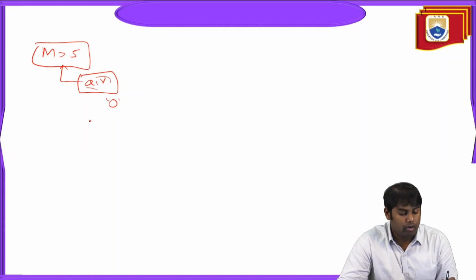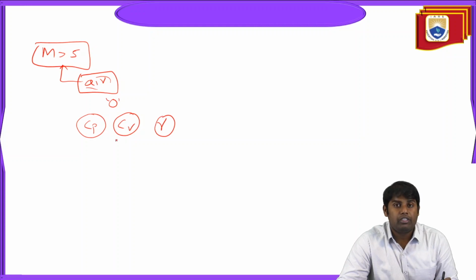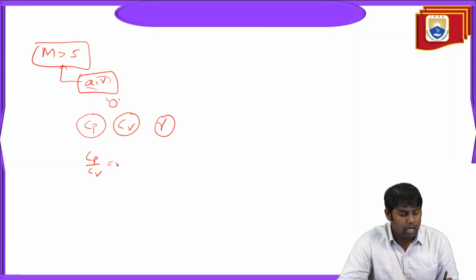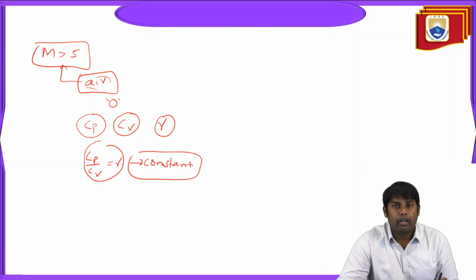The values of Cp, the specific heat at constant pressure, and Cv, and gamma will change with respect to temperature. Cp by Cv is equal to gamma. Basically we consider it constant for incompressible flow, where you don't have any temperature effects. Therefore Cp is constant and Cv is constant.